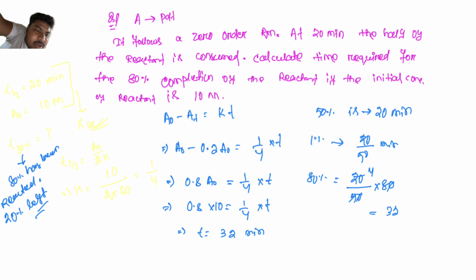So it becomes 32 minutes. So just 3 lines and the question is solved. So this is the trick to solve zero order reaction with the unitary method within a fraction of a second. You can see that within a second we have solved this out.